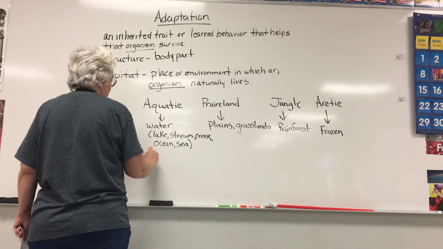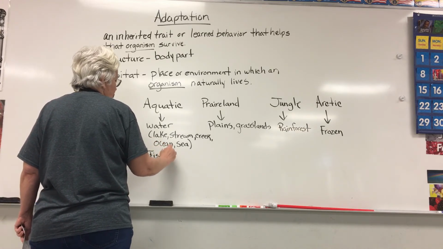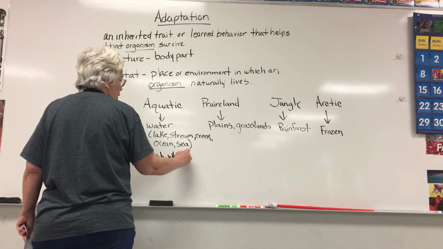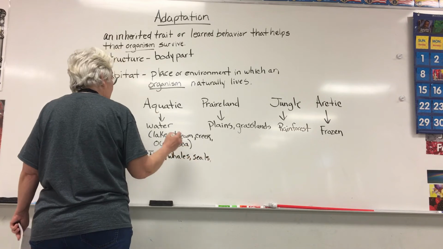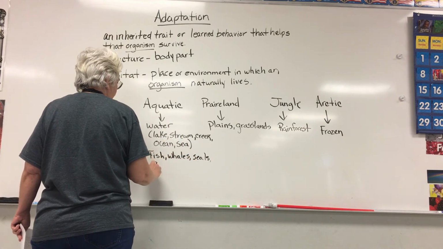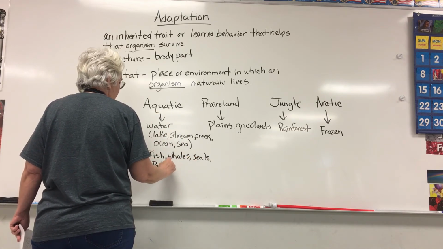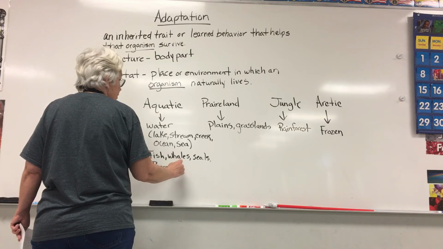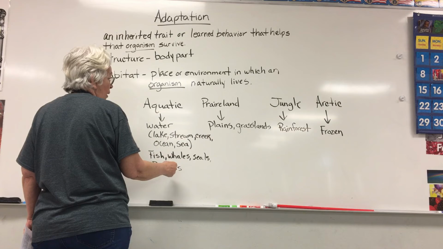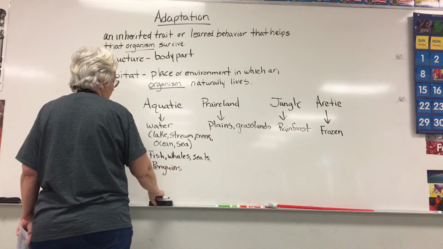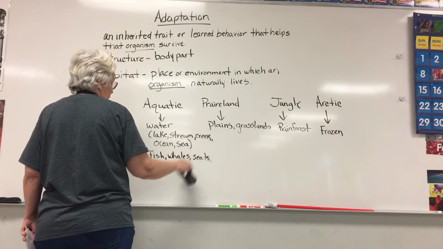If we're talking about some animals in our aquatic, some of the animals might be fish, whales, seals, penguins, even though they do spend some of their time, and this could be interchangeable with Arctic depending on what type of penguin it is. I think I may take that one off, because I think I'll put him in the Arctic.